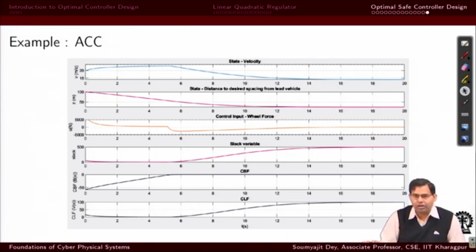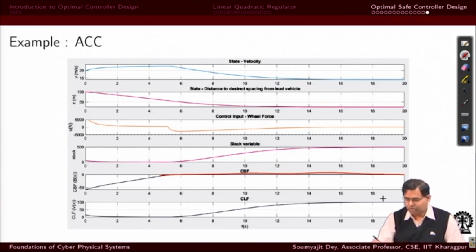I mean, it is not ideal, of course. You see that I am almost reaching the lead vehicle here, and I give a set speed, I am reaching the target set speed here. And if you see here what happens to the CBF, you see that the CBF is approaching the safe region boundary, but it is never crossing it, it is never crossing the 0. Similarly, we have a plot for the other things also.